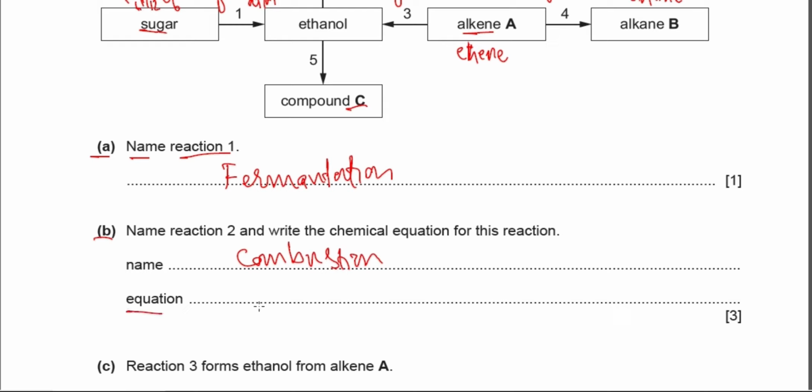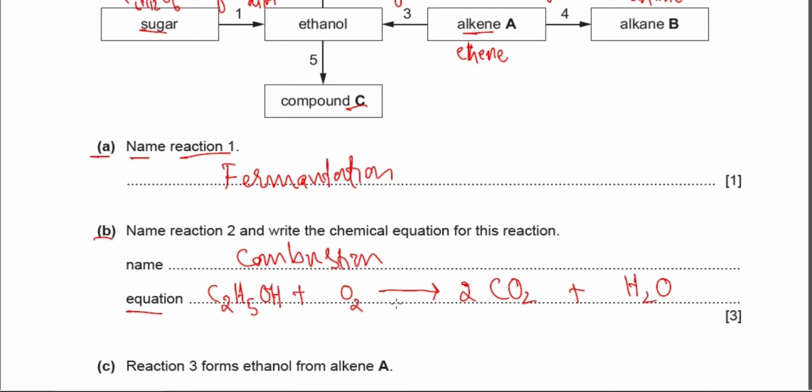The equation should be C2H5OH, this is ethanol, which is combusted. We need oxygen, and then when it is combusted, it will give us carbon dioxide and water. To balance, we have 2 carbons over here, so we place 2 with the carbon dioxide, which gives us 2 carbons.